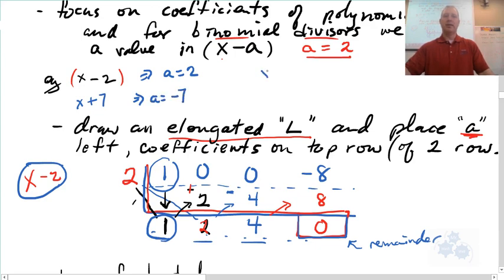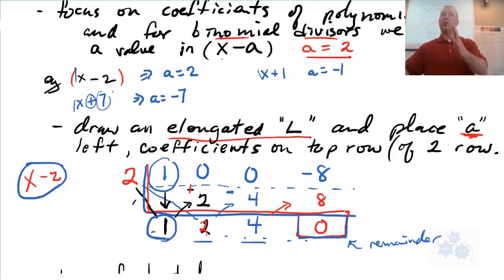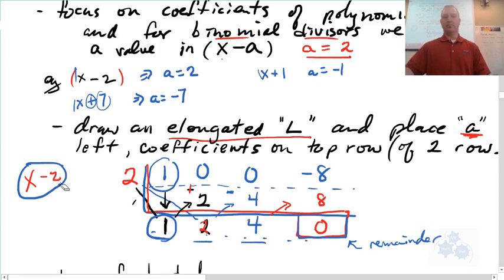If I had x plus 1, a is negative 1, so on. So it's pretty easy. If you have a 1 on the x coefficient, you just change the sign and use this same number. Okay? So we're going to use the coefficients of the polynomial to be divided, and we're going to use the a value of the binomial that is the divisor.